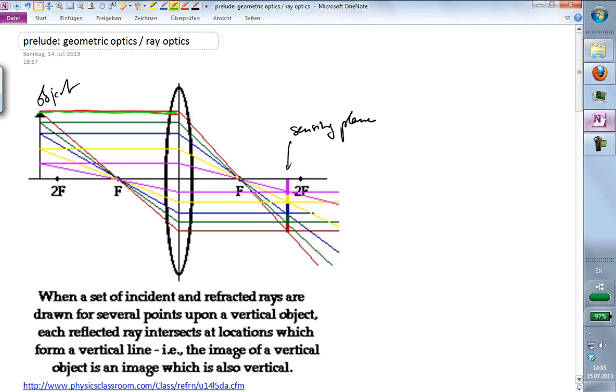So this ray is mapped to this point on the sensing plane, and that ray is mapped to the same point in the sensing plane. So we have a sharp image.